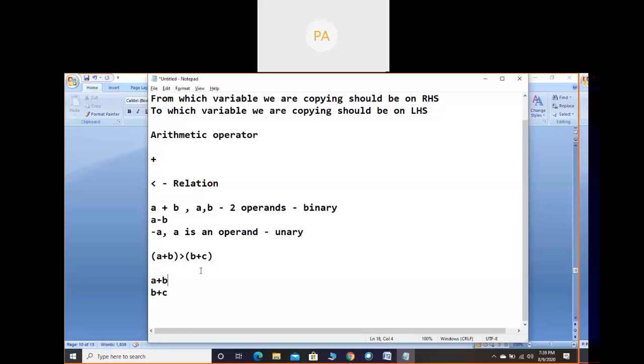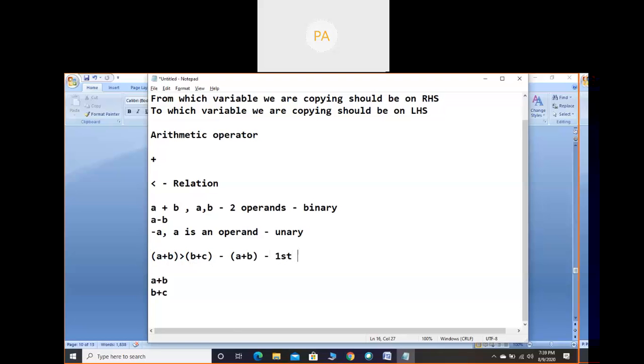If you consider this complete equation, here also we can define it. Consider only the greater than symbol. Before the greater than symbol, we have one expression, A plus B. Consider this complete thing as the first operand.